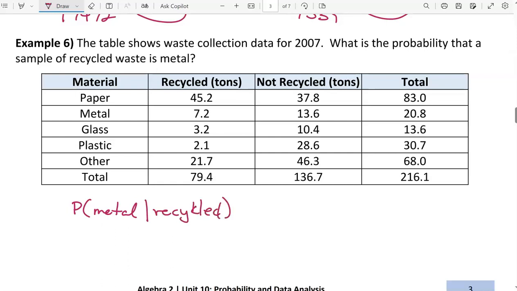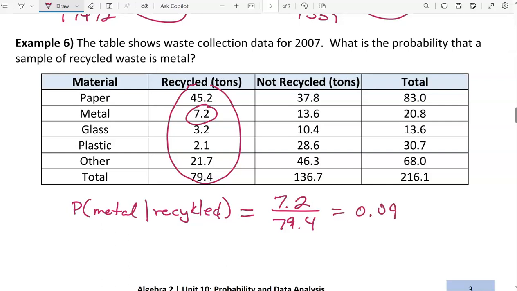So we're going to be just looking at our recycled waste, and the probability that it is metal is 7.2 tons out of 79.4 tons. Let's convert that to a decimal as well. And that gives us about 0.09 or 9%.